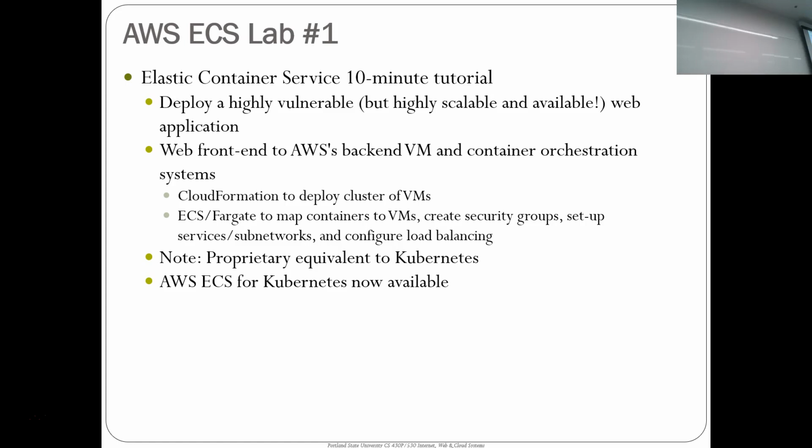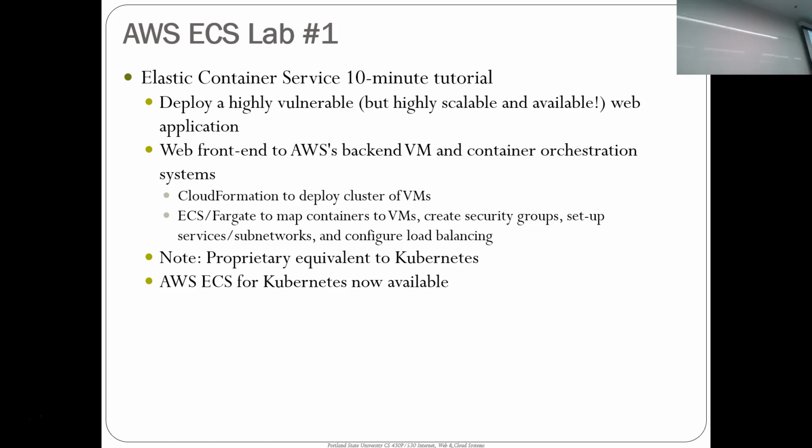It's basically a front end to this back-end virtual machine and container orchestration system that is implemented using CloudFormation and this thing called Fargate. And so the idea here is that CloudFormation will deploy your VMs, and then the container service will map the containers to those VMs, just like we had done all by Kubernetes.